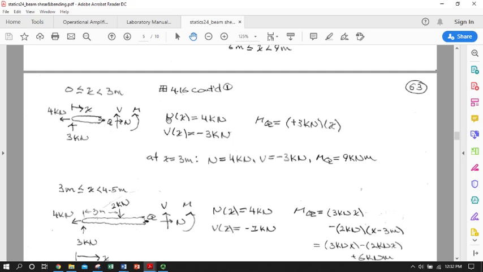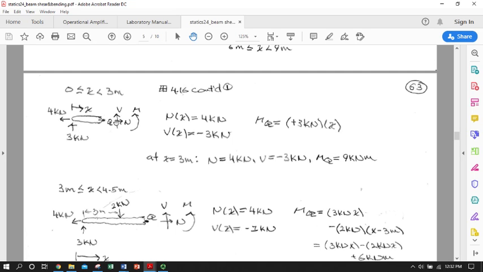So I can say right now that the axial force anywhere in this section as a function of x is a constant 4 kilonewtons. This N is yanking at 4 kilonewtons. Shear force is also going to be a constant because I don't have a distributed load.